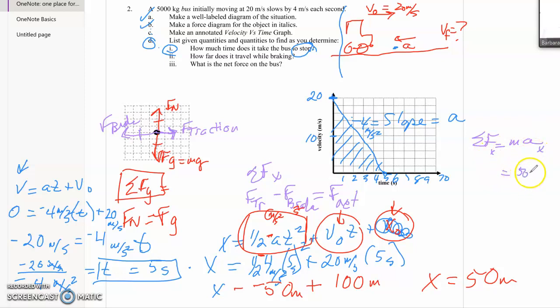So what's that, 5,000 kilograms times the acceleration is -4, yeah? So F net equals -20,000 newtons. Great, well done. Okay, let's see.